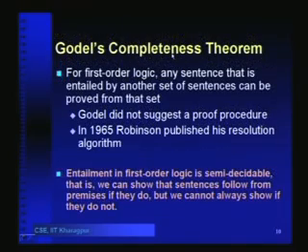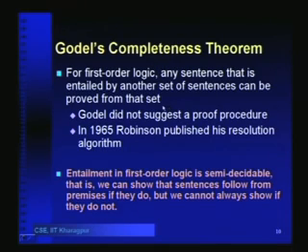So, there was a lot of research on the completeness of a proof procedure, and then Gödel's completeness theorem partially solved this matter. It said, for first order logic, any sentence that is entailed by another set of sentences can be proved from that set.